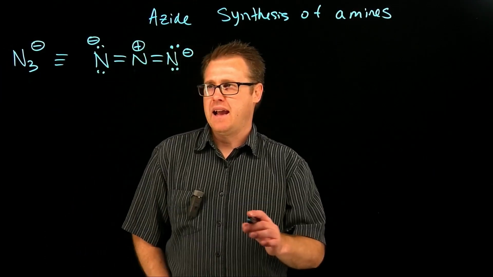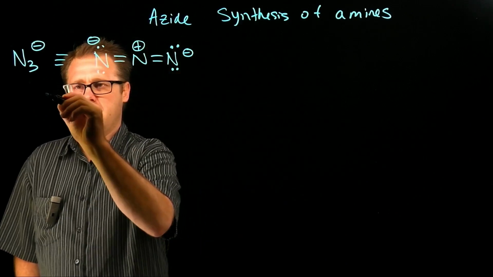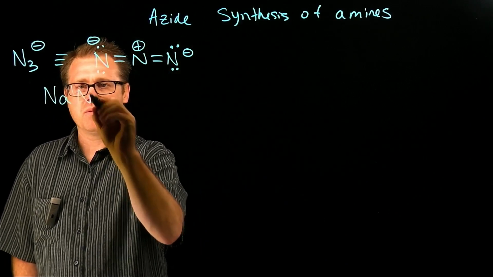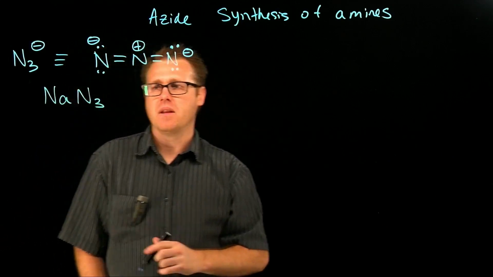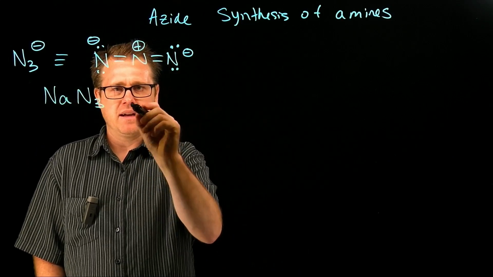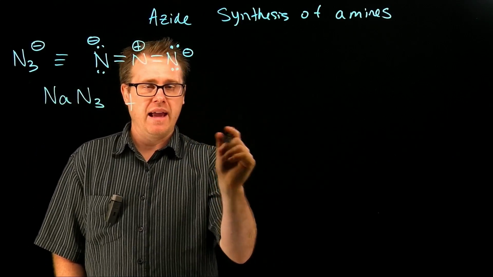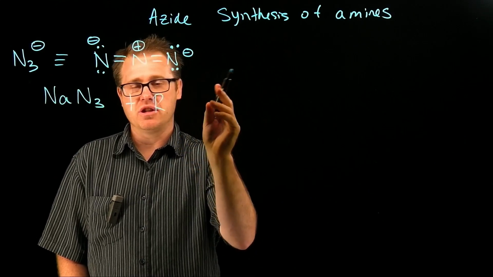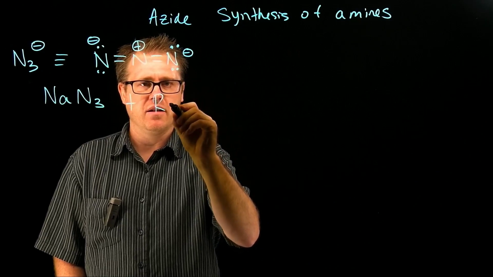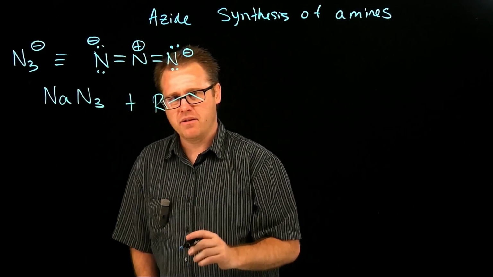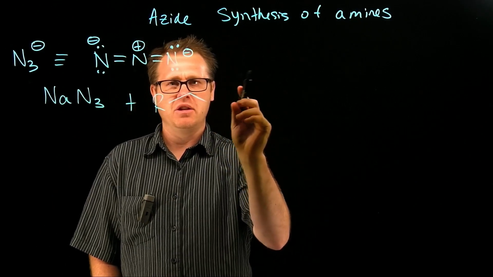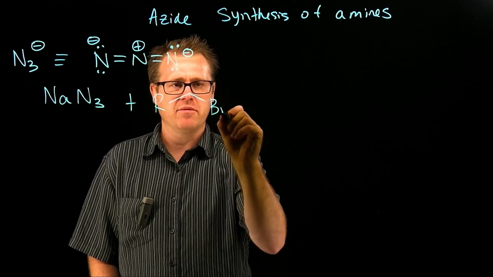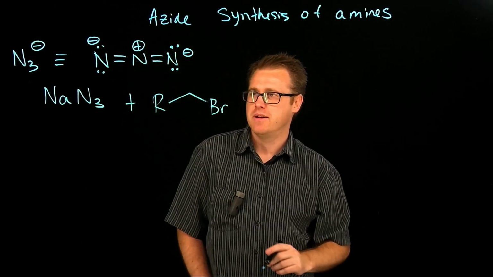And the azide is typically going to come in a salt form like sodium azide. And if you take that sodium azide and treat it with an alkyl halide, we can look at a general mechanism here where we have an alkyl halide, and let's use bromine, since for some reason I always like to use bromine.